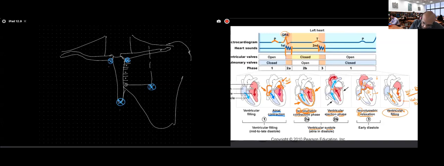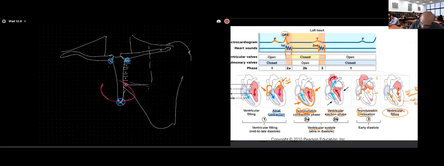This is going to be the base of the heart here. This is going to be the right ventricle. This should be moving down a little because the ribs are curved.